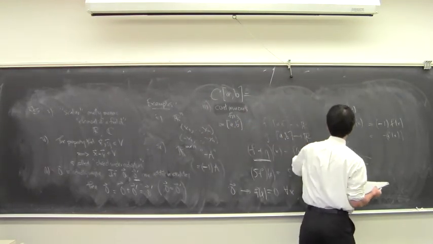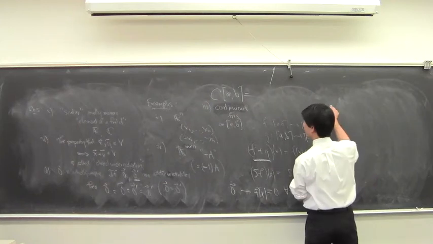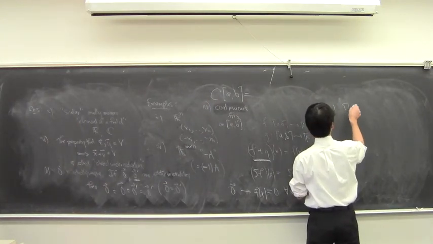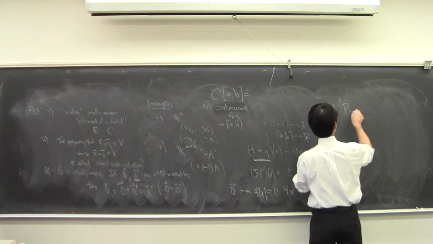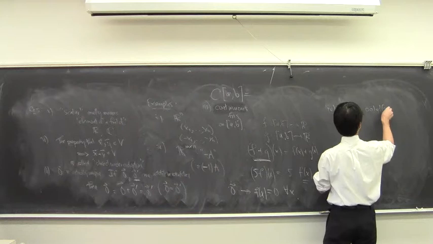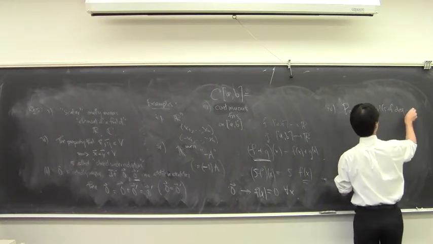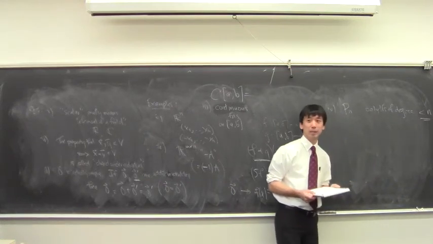Okay. Last example. Number 4. P sub n. This is the notation that the book uses, and it uses it lots, so keep this one in mind. P sub n is the polynomials of degree less than n. Not less than or equal to n, but less than n.